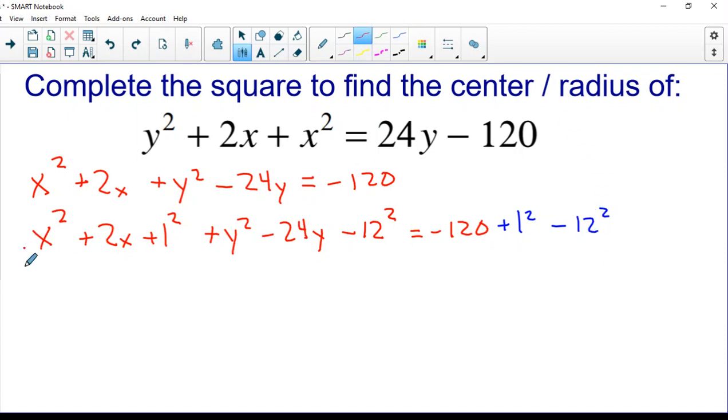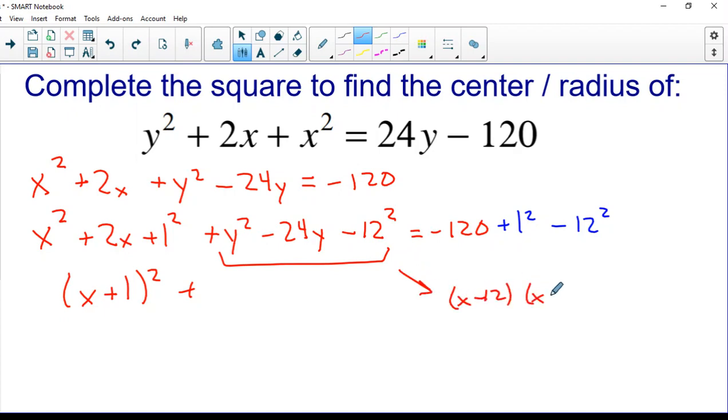Okay, so let's go ahead and factor the x's. If I look at x squared plus 2x plus 1, right, 1 times 1 is just 1. If I were to factor that, this is called a perfect square trinomial. This would factor to x plus 1 squared. If I were to factor these y's, so here I've got y squared minus 24y minus 12 squared, so minus 144, I would get y minus 12, y minus 12, and you might notice that that's the same number as right here.